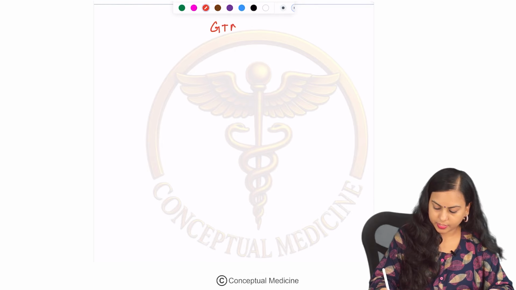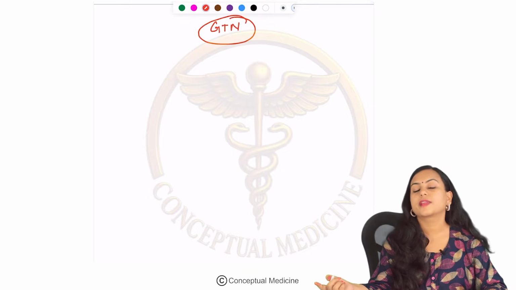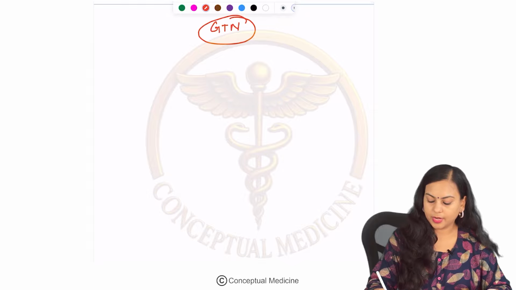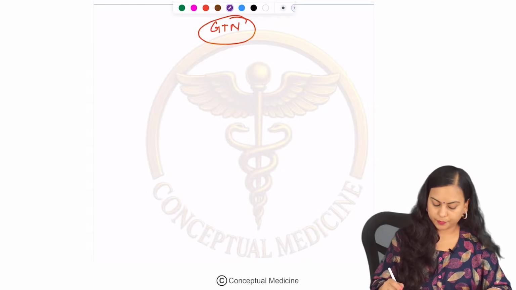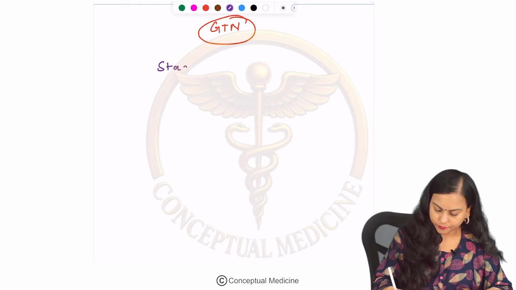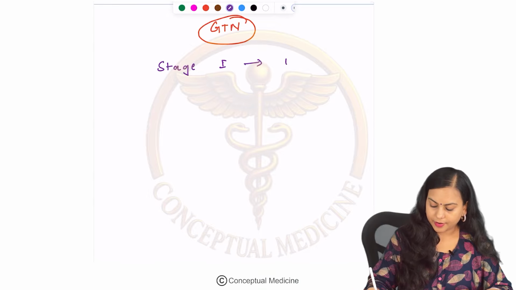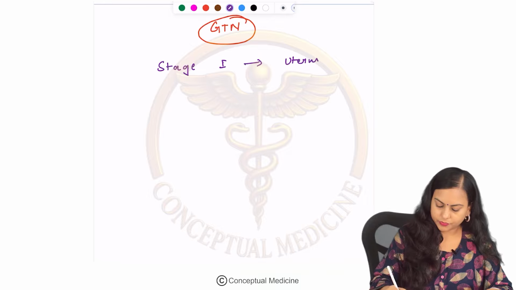When you understand staging of gestational trophoblastic neoplasia, you will come to know why that picture is shown, and we are talking about choriocarcinoma. So, stage 1 is where the disease is confined only to the uterus.